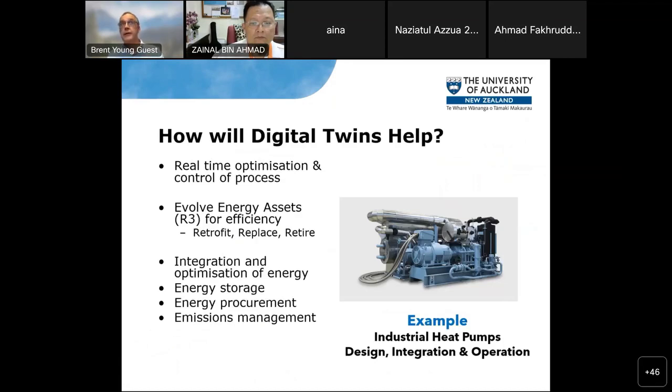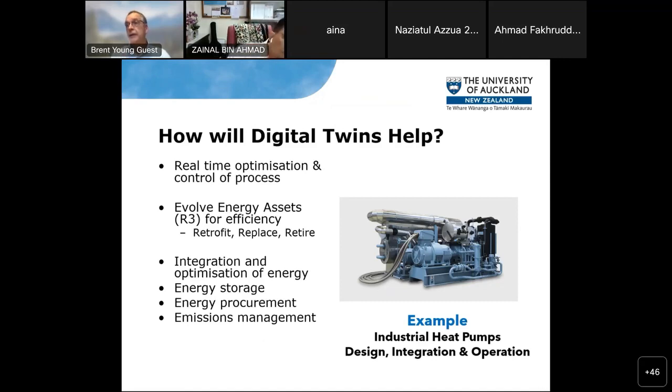How will digital twins help? We're going to talk about this in more detail coming up, but particularly we're focusing at the University of Auckland on real-time optimization and control of processes, but also beyond, as we mentioned. We are looking at asset management, so retrofitting, replacing and retiring equipment, but also particularly focusing on energy and such things as decarbonisation.